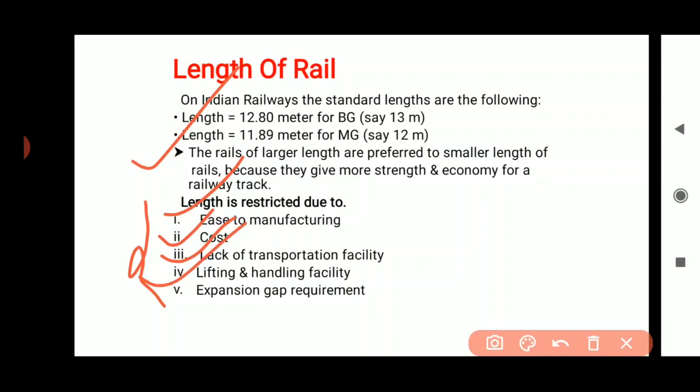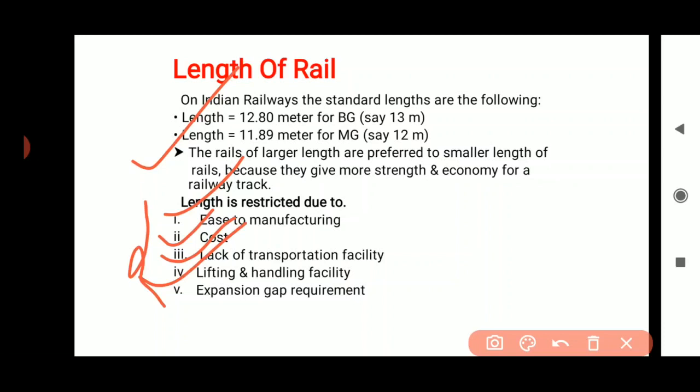To some extent the length is also limited by the facilities of lifting and handling during the loading and unloading of wagons. So it depends upon the capacity of the equipment or machines used for this purpose.